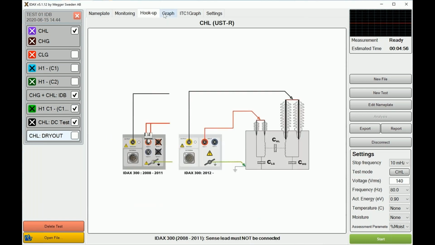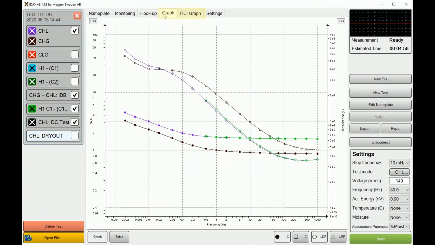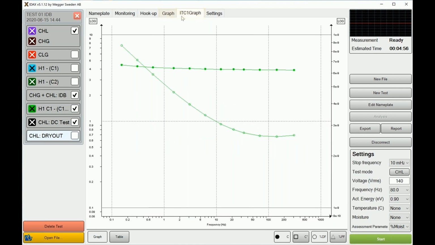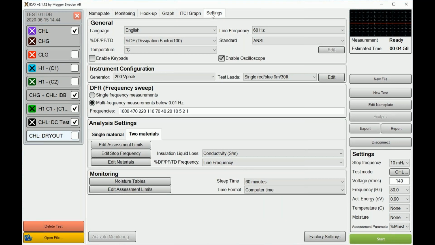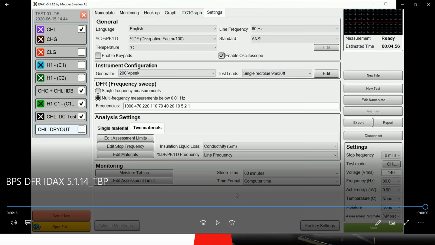You don't want to get it raw out of the oven. So this is the way we have all these tools integrated in the software for Idax to look into the dielectric assessment from time domain and frequency domain. It's the most informative tool you have for assessment of power transformers from the dielectric point of view.